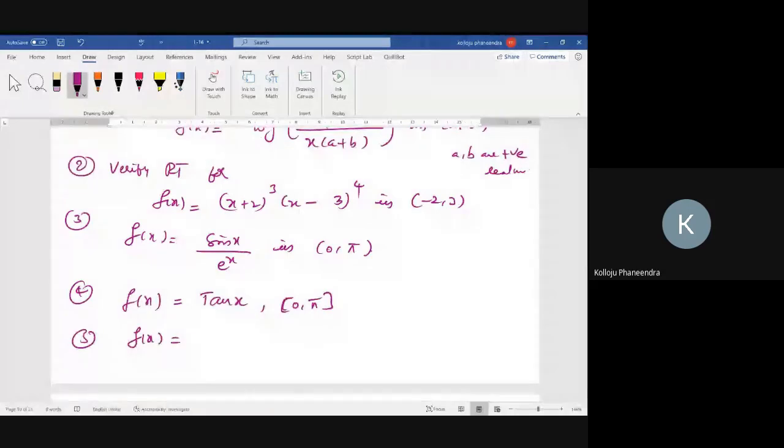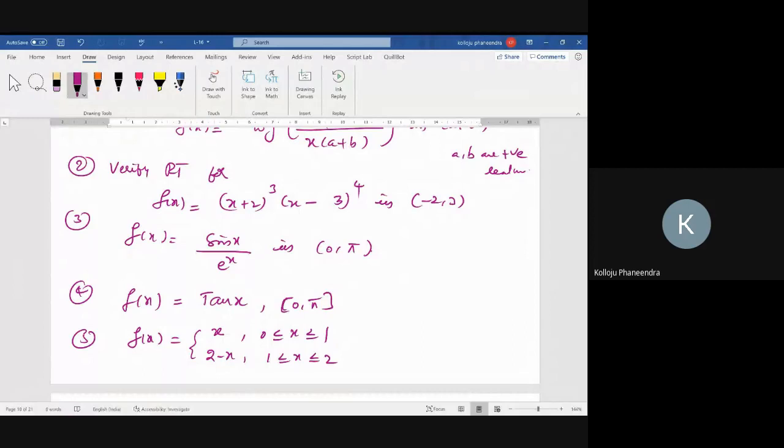See this problem. F of x equal to x for 0 less than or equal to x less than or equal to 1, 2 minus x for 1 less than or equal to x less than or equal to 2.